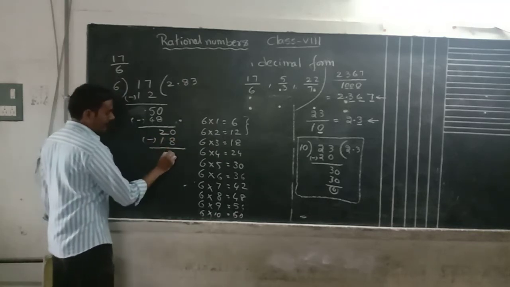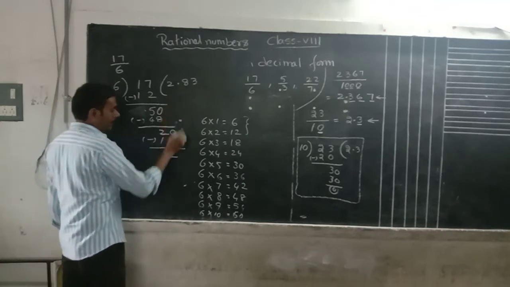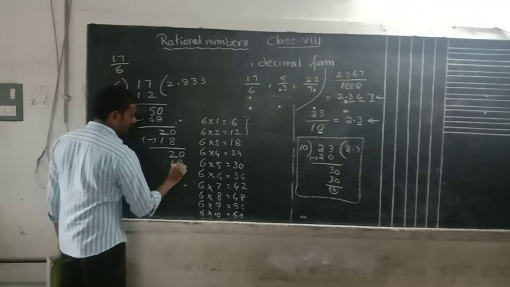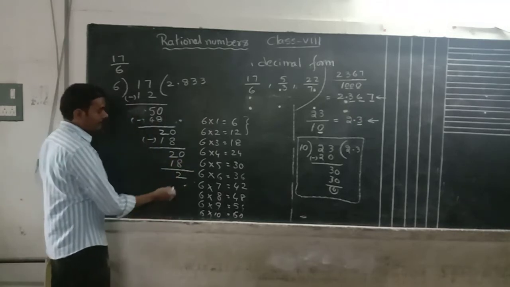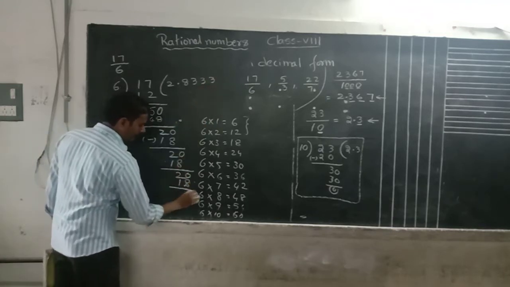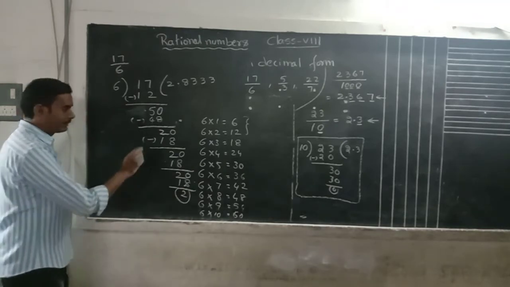If you subtract again, we will get 2 only. 20 minus 18 is 2. Again 6 3 is 18, and again we will get a remainder 2. If you go on further, take 0 again, 6 3 is 18. If you go on further, we will get a remainder 2 only.